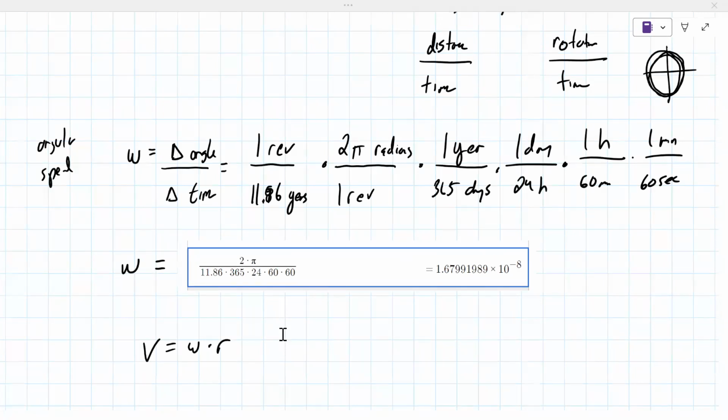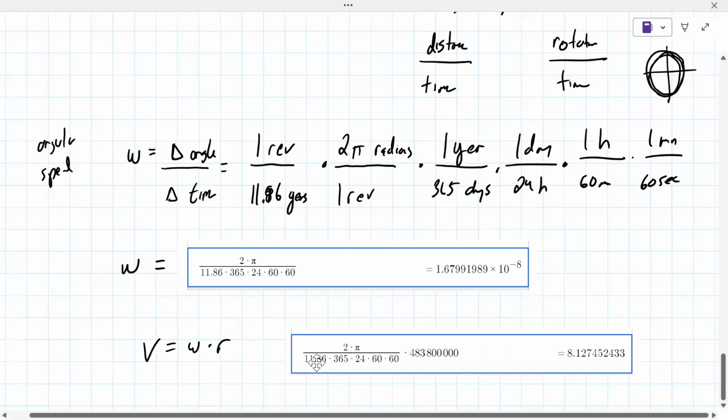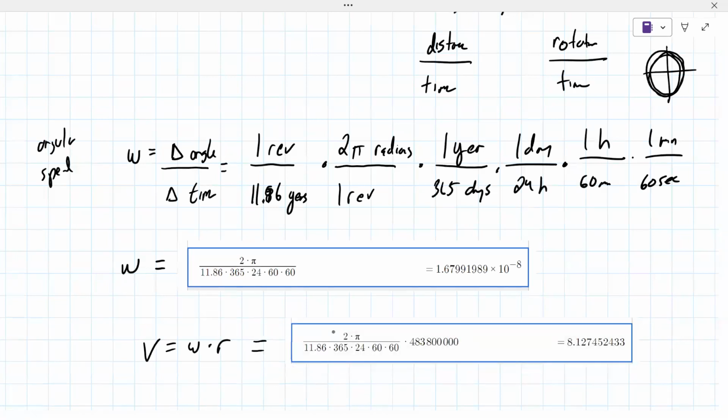And so your calculator will do the entire calculation. So it's best if you let the calculator do it. That makes sense.